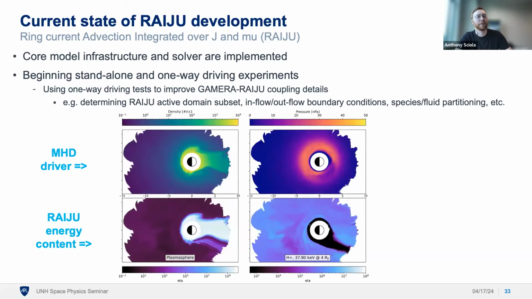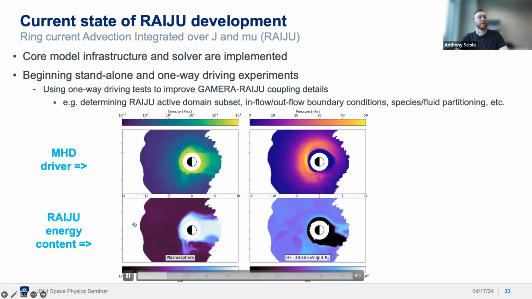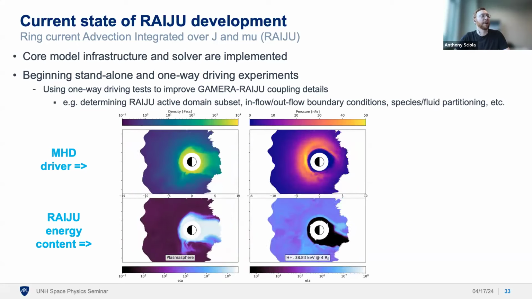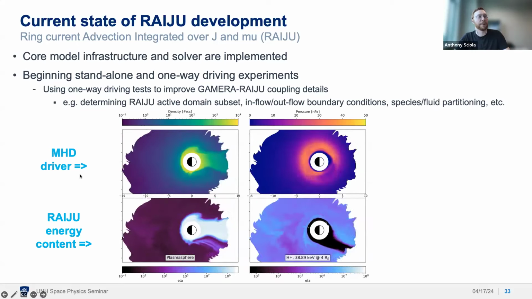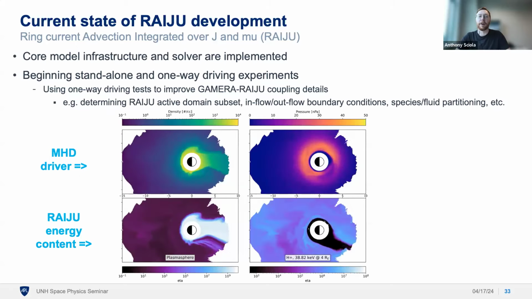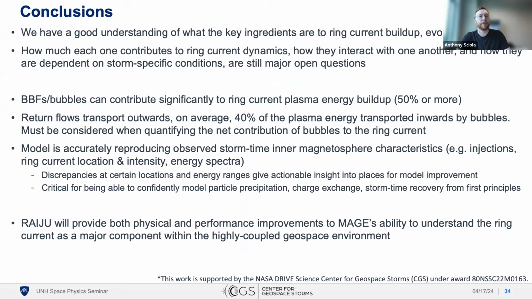So don't take the specific structures you see in here too seriously, but this is just to show that we are indeed communicating information from the MHD model to RIJU and making good progress on that.